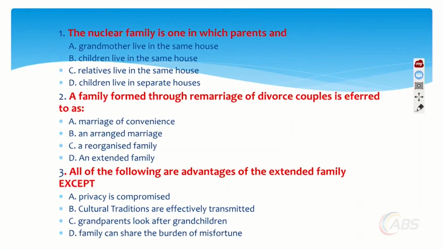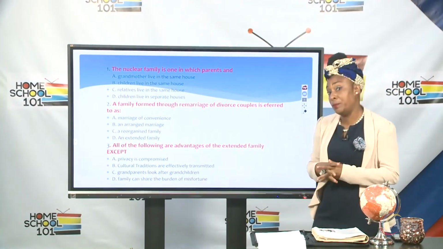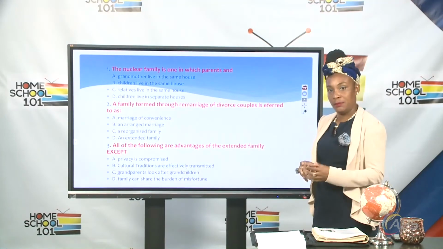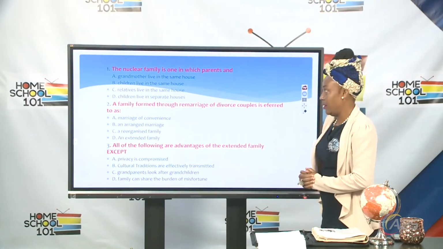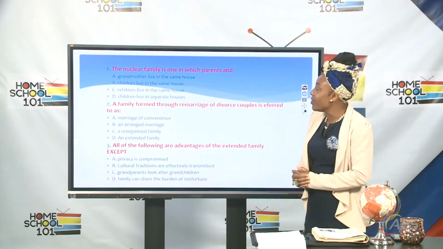C, relatives live in the same house. Or D, children live in separate houses. Nuclear family. What is a nuclear family, students? A nuclear family is when parents, a man and a woman, mother and father, live with their offspring, whether it's one child or more than one child. Okay, so if you know the definition of nuclear family, what is the best or the correct answer?